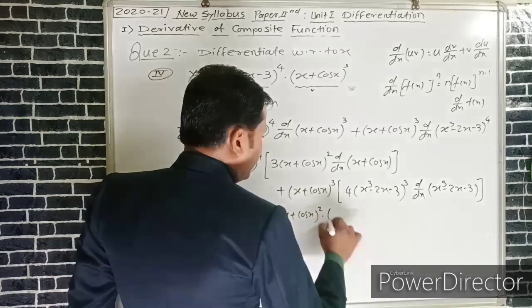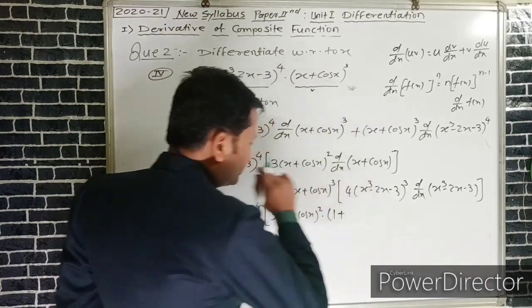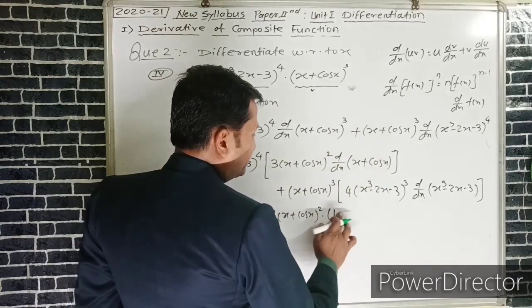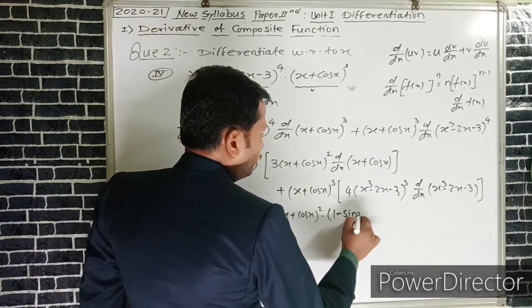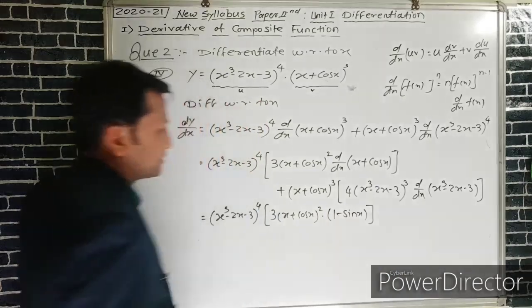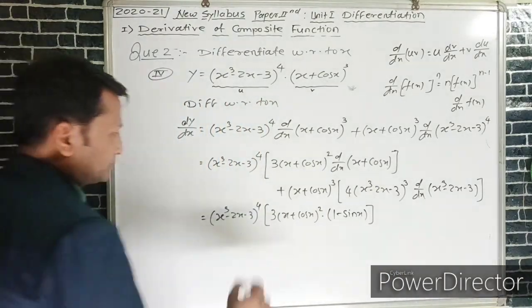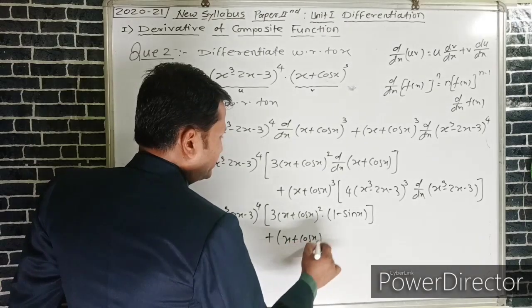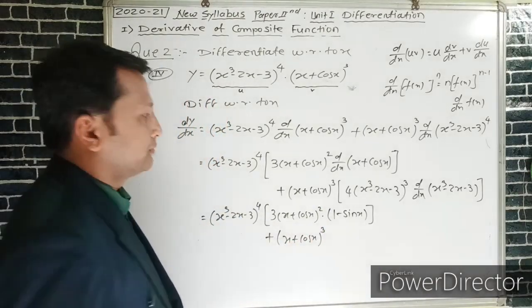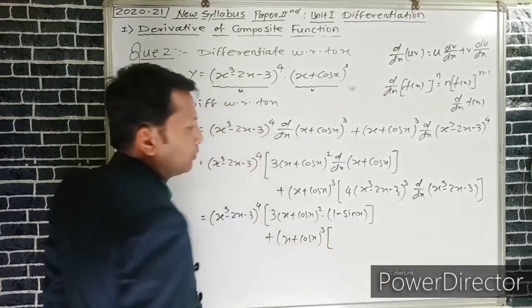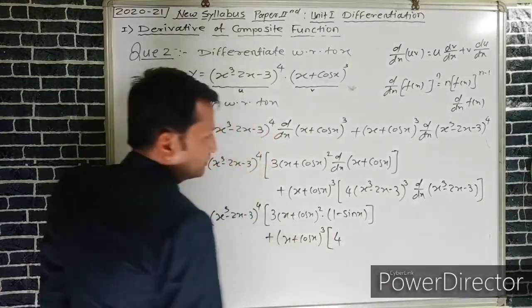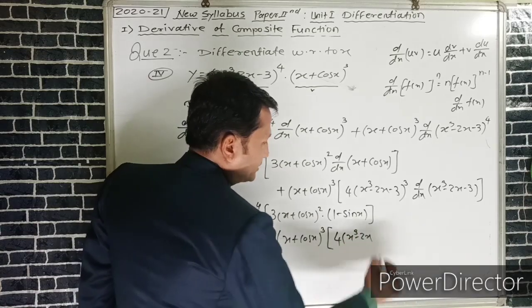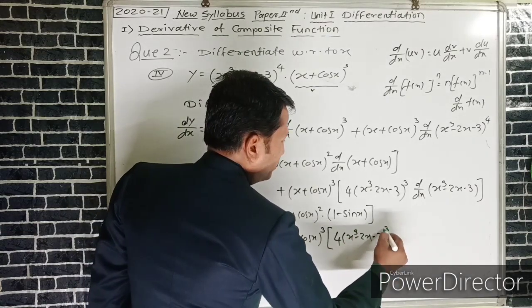The derivative of x is 1, plus the derivative of cos x is minus sin x, so we write 1 - sin x. Plus (x + cos x)^3 into 4 (x^3 - 2x - 3)^3.